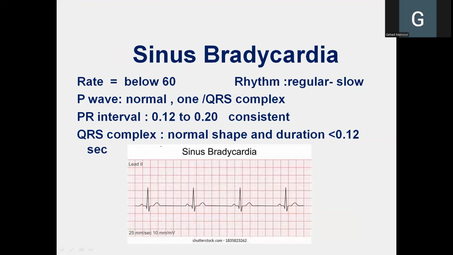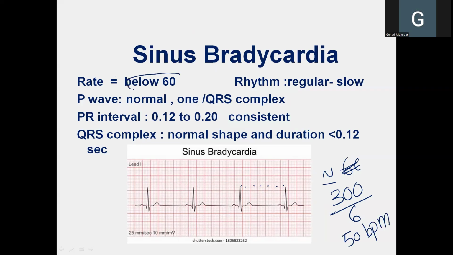In sinus bradycardia, it's all the same, but the rate, of course, is different. For example, here, if we say that we have 1, 2, 3, 4, 5, and then these two together form the sixth big square, the heart rate is around 300 divided by 6 big squares, which makes 50 beats per minute.